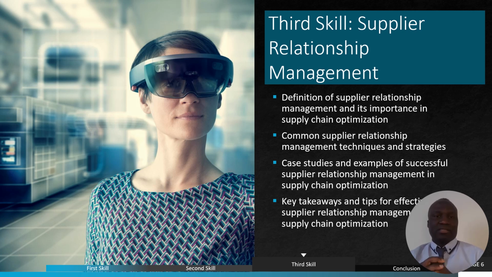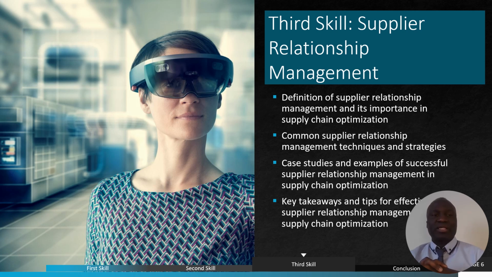The third skill, which is very important, is supplier relationship management. The importance of effective supplier relationship management cannot be understated. This skill involves building and maintaining strong relationships with suppliers to ensure the smooth running of the supply chain. Key topics covered in this session include developing a supplier segmentation strategy, negotiating contracts, and managing supplier performance.